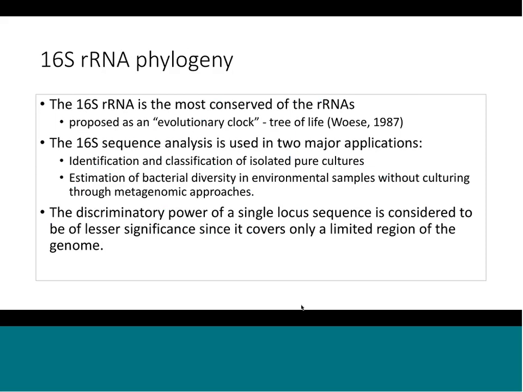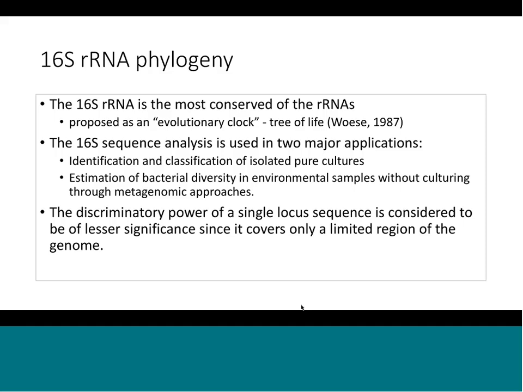So let's talk a little bit about the ribosomal RNA trees and the phylogenies that are constructed on them. Ribosomal RNAs were first determined to be a really good gene to examine phylogeny.